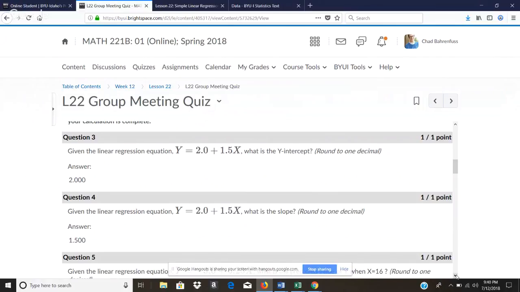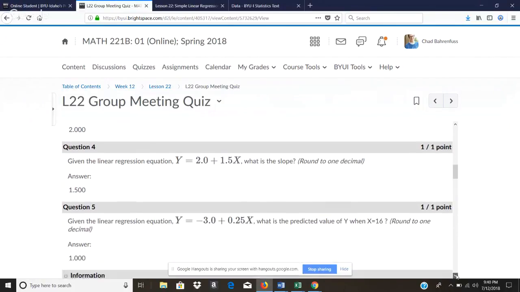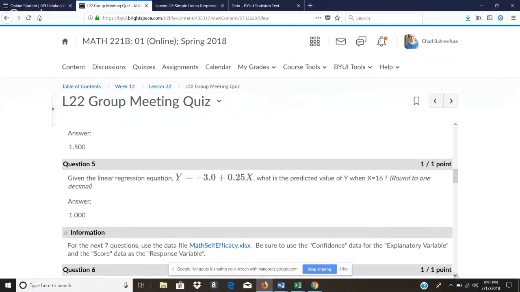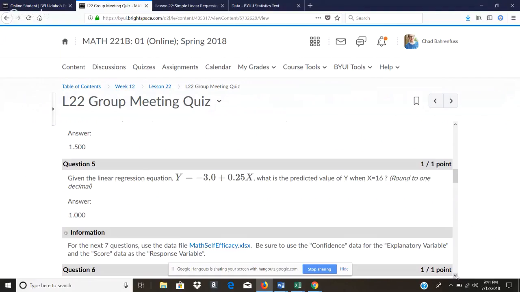Anyways, that's just how you do that one. For number 5, you just have to plug in x. You plug in 16 for x. That's the predicted value. So you take 0.25 times 16, and then you take negative 3.0 plus whatever answer you get for 0.25 times 16, and that's 1.00.